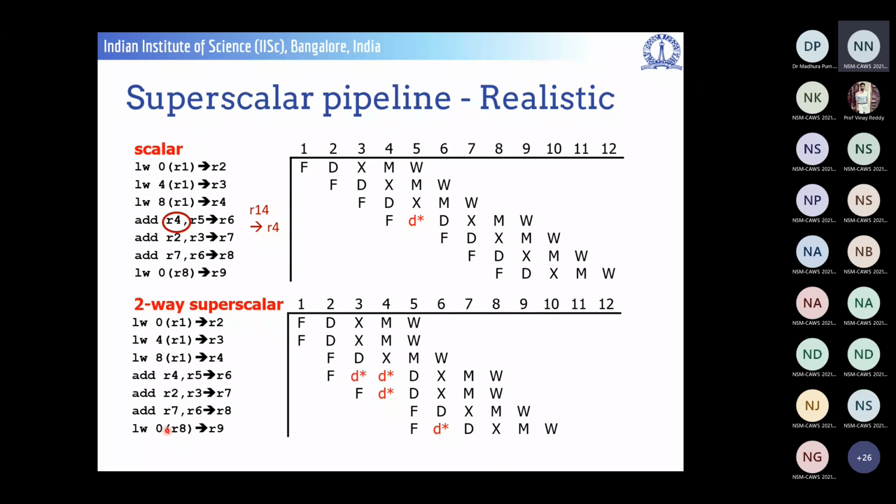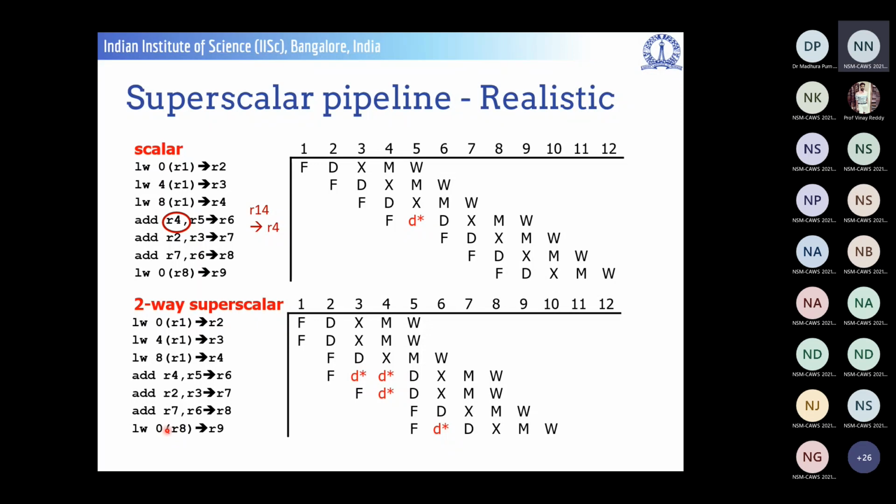So the basic point here is that the superscalar pipeline, as an idea, is pretty simple: you are trying to have more and more instructions in the same pipeline stage for parallelism. But in the real world, when there are dependencies among the instructions, there will be more and more bubbles.